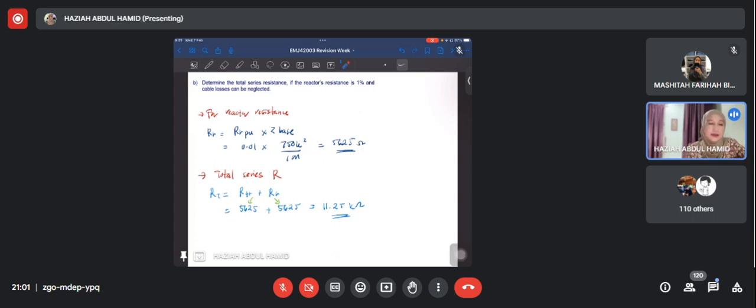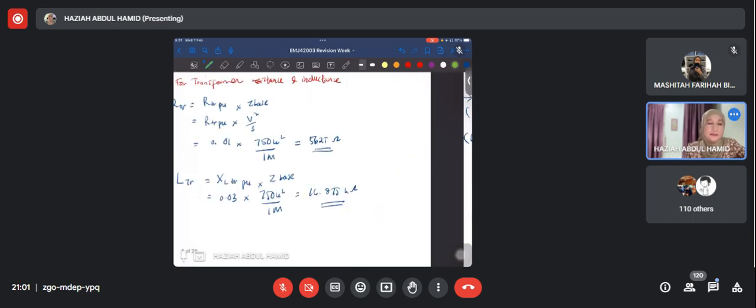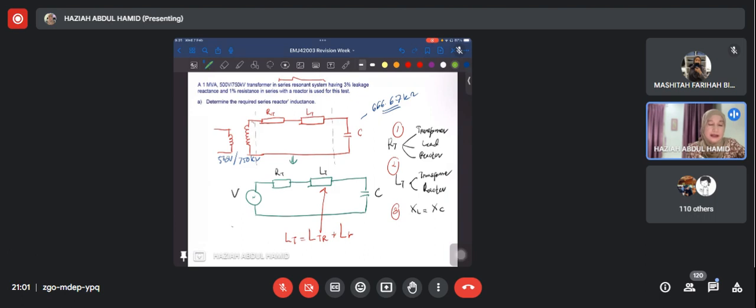Meaning that in this question dia kata please determine the total series resistance of the resonance circuit tadi. Okay, series resonance circuit tadi. This is our series resonance circuit. We already obtained the inductive component which is the XT transformer dan X daripada reactor. Now disuruh kira pula R.